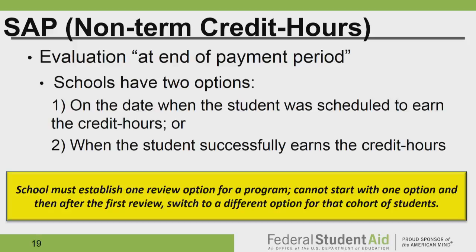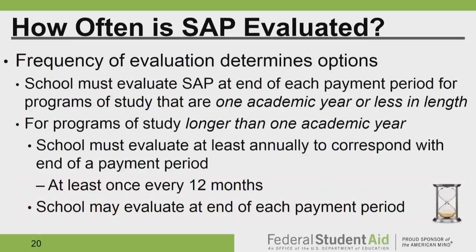It's going to occur at the point where either the student was scheduled to have earned the credit hours, or at the point where they actually successfully complete those credit hours. So at the point where they've actually passed the hours in question. So you have some flexibility. Choose which option works for you, be consistent, apply it to all students in the same program.